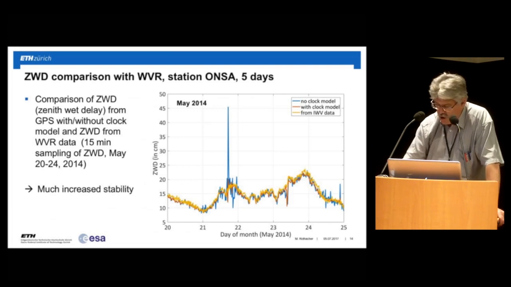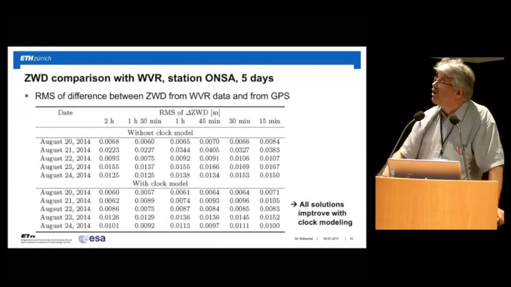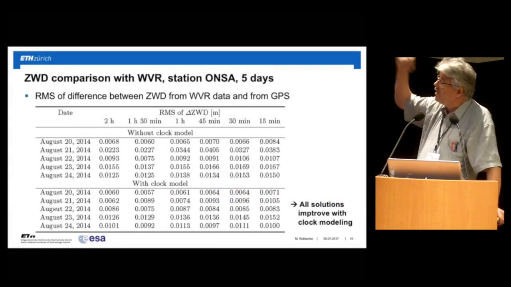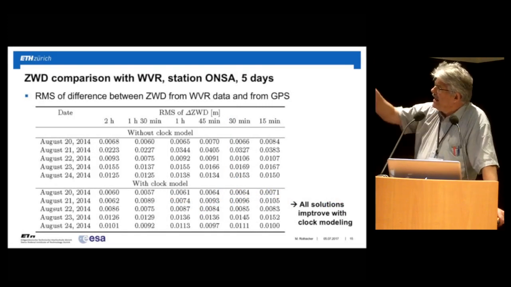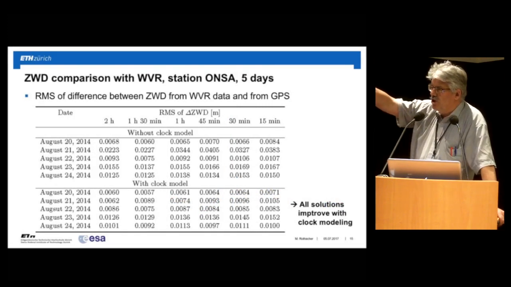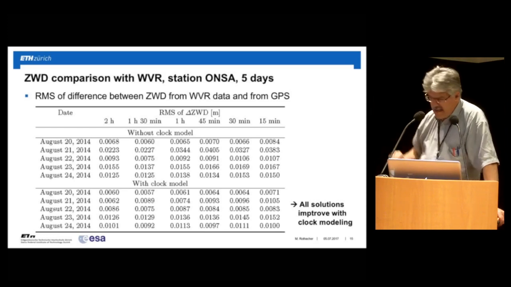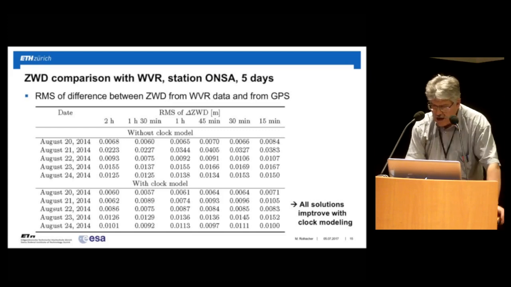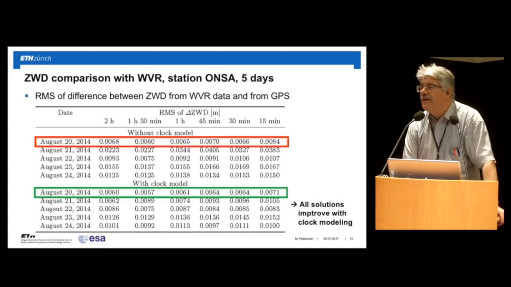To put this in a more quantitative way, you see here a table containing on the top without clock model, and on the bottom with the clock model, increasing the time resolution of the troposphere parameters from left to right. And you should always compare now, I hope you can do this, the red line and the green line.